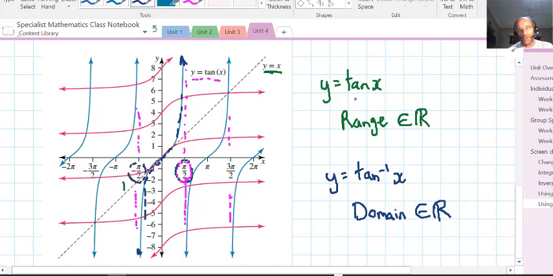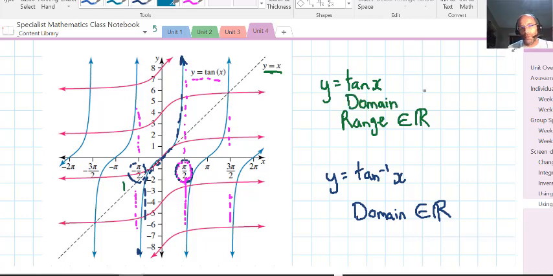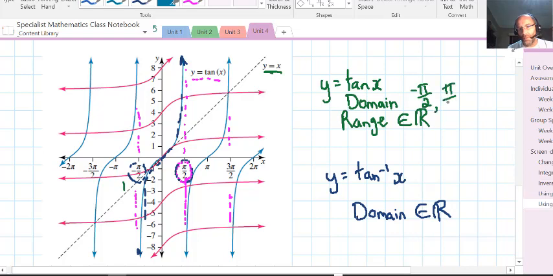It's exclusive. So let's formulate that. The domain for y equals tan x is from negative pi on 2 up to pi on 2 exclusive. So you notice these are the curvy brackets there. Or you could say negative pi on 2 is less than x, which is less than pi on 2.